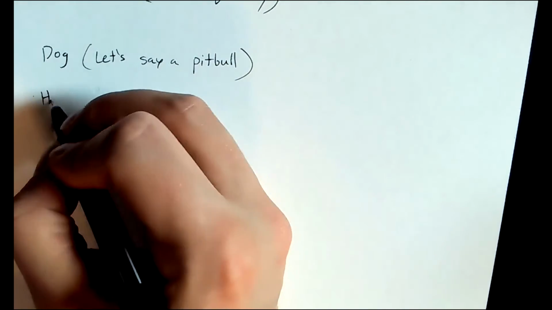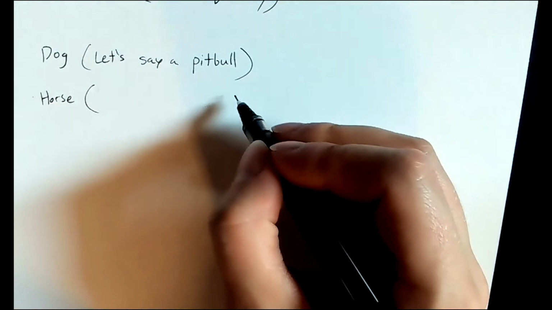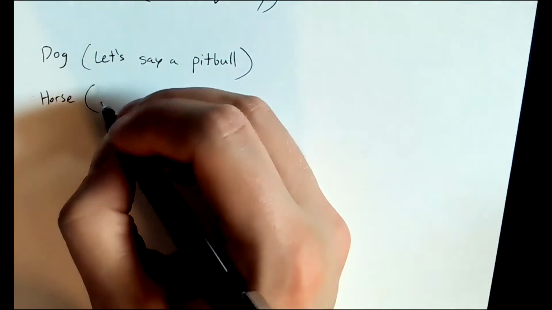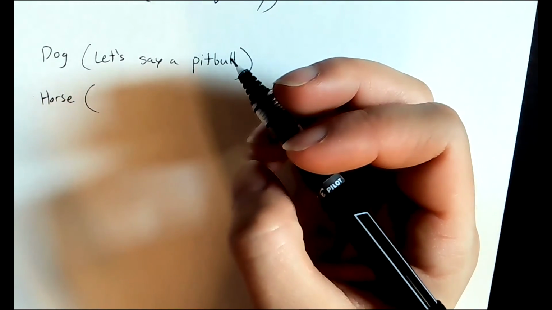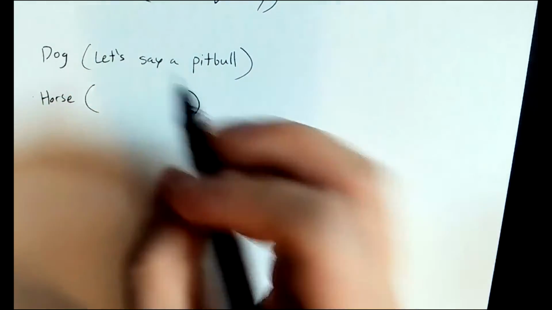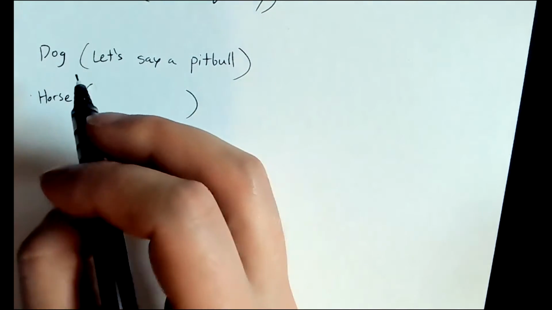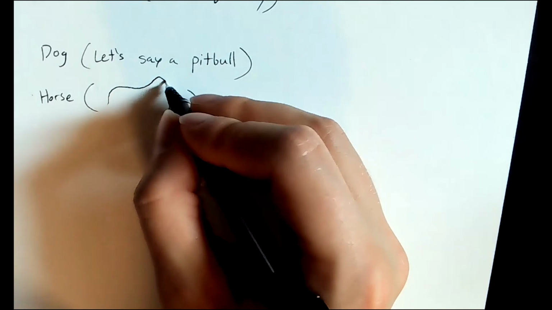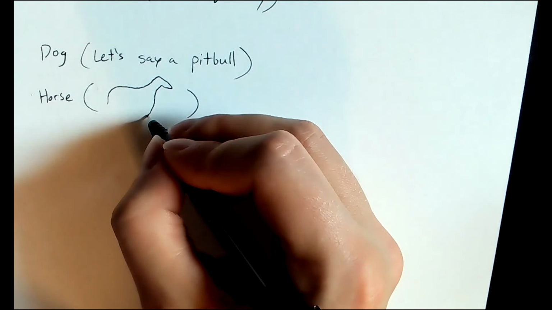And a horse, which is kind of like a dog, but way bigger. What's a horse? Species. Anyway, a horse. There, I did kind of draw a horse.